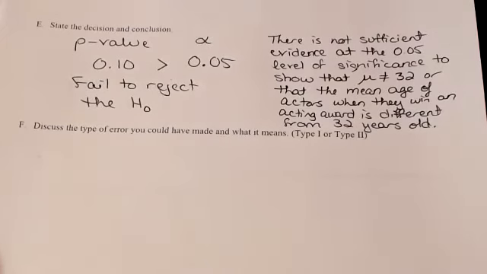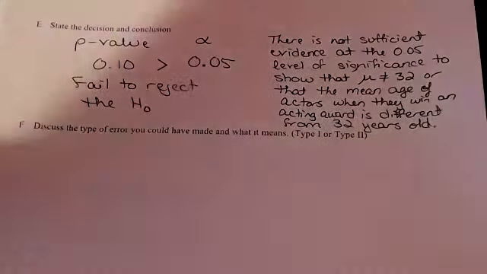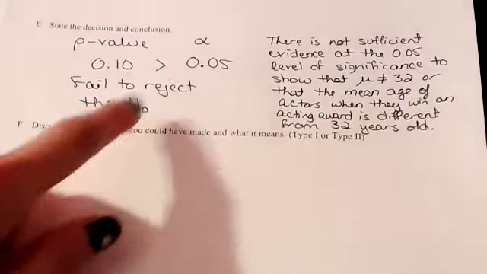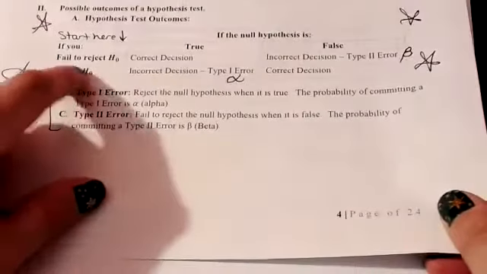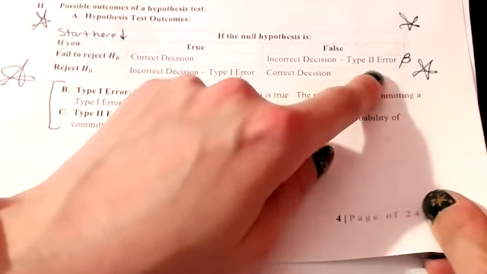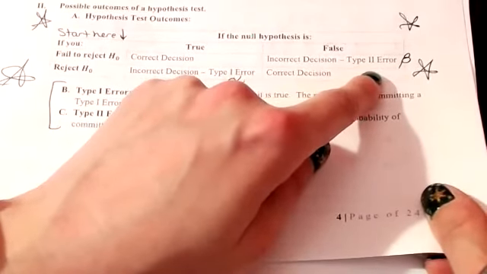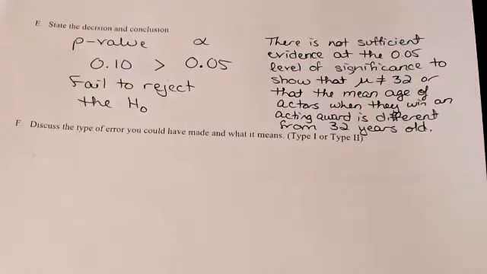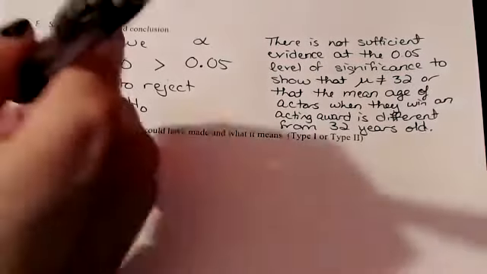When we decide what type of error, remember we're going back to our magical chart on page 4. If you take a look at page 4, notice it says, if you fail to reject the null, we could have made a type 2 error, which means the null hypothesis was actually false. Okay, so let's write that down.